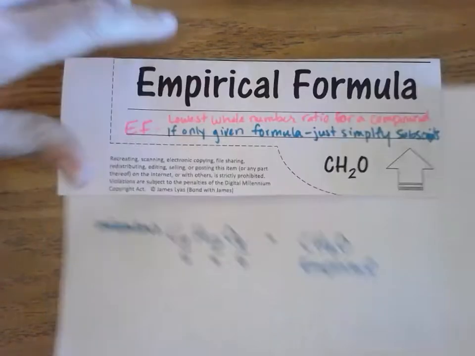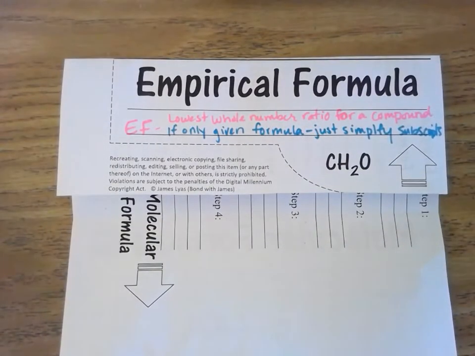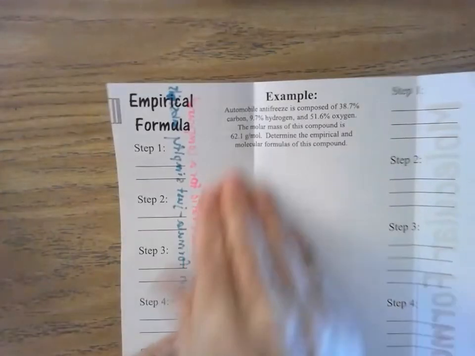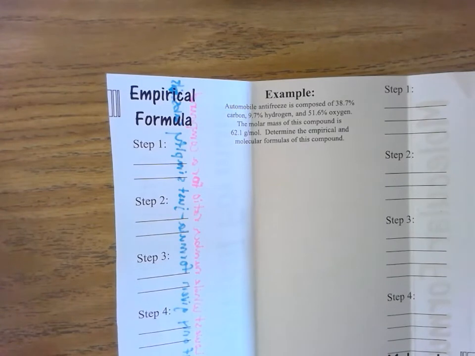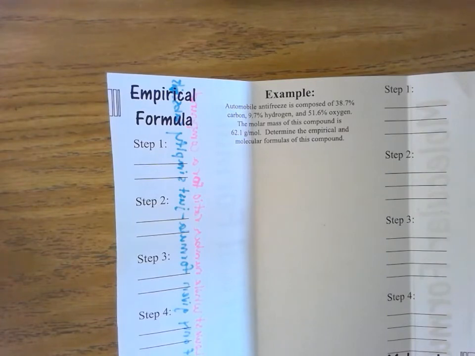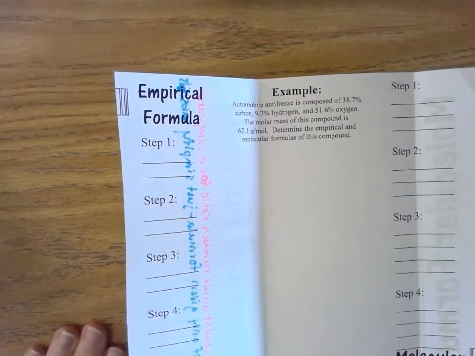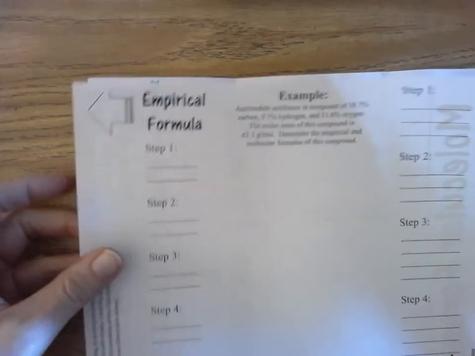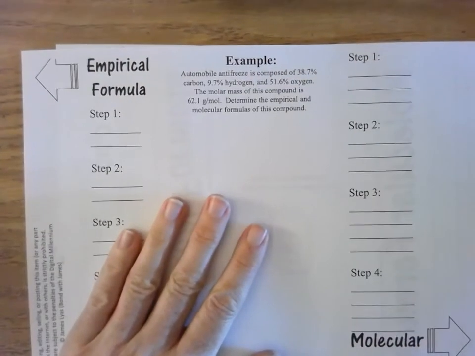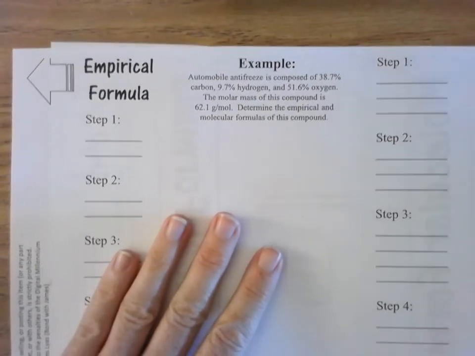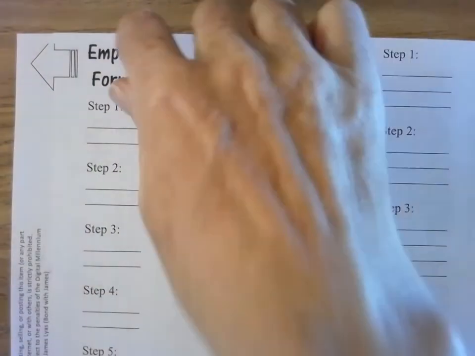The second way that we find empirical formula is when we are given percents. And if we're given percents, we have to do a second method which requires a few steps.